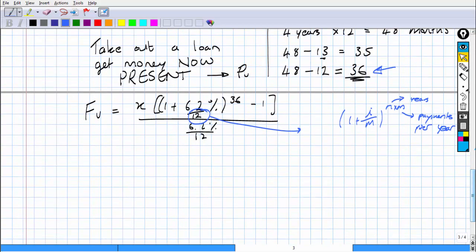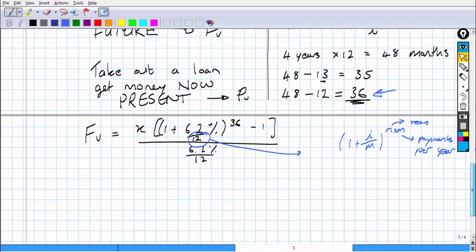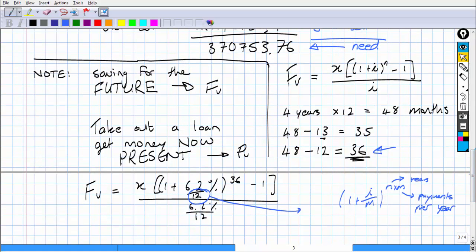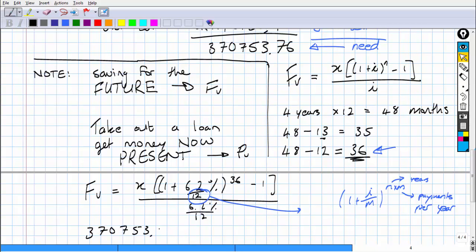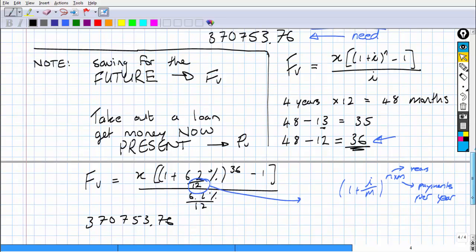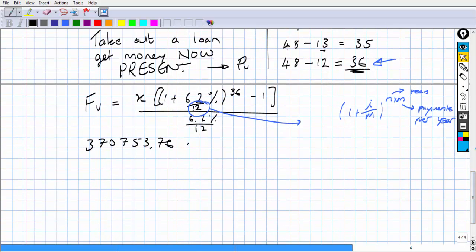Okay, so we plug all that in and we say, well, our FV is actually the total amount that we were looking for, how much we're trying to save for. So we have 370,753.76. That is how much we're trying to save for. And that's equal to, and what I'm going to do is take this bottom piece and multiply it by that over there.